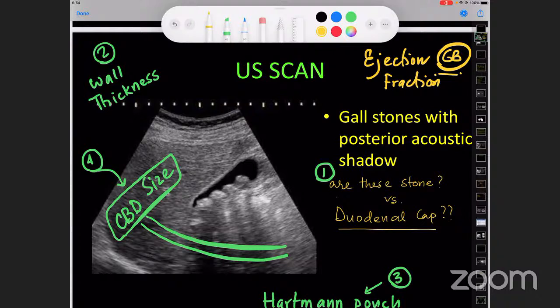The gallbladder wall thickness is reasonably normal. So I'm a bit stuck. How do you find out whether this patient has a non-functional gallbladder? I think under that circumstance, I would ask for an ejection fraction, and ask you to do that sort of test to find out whether the gallbladder is contracting or not.